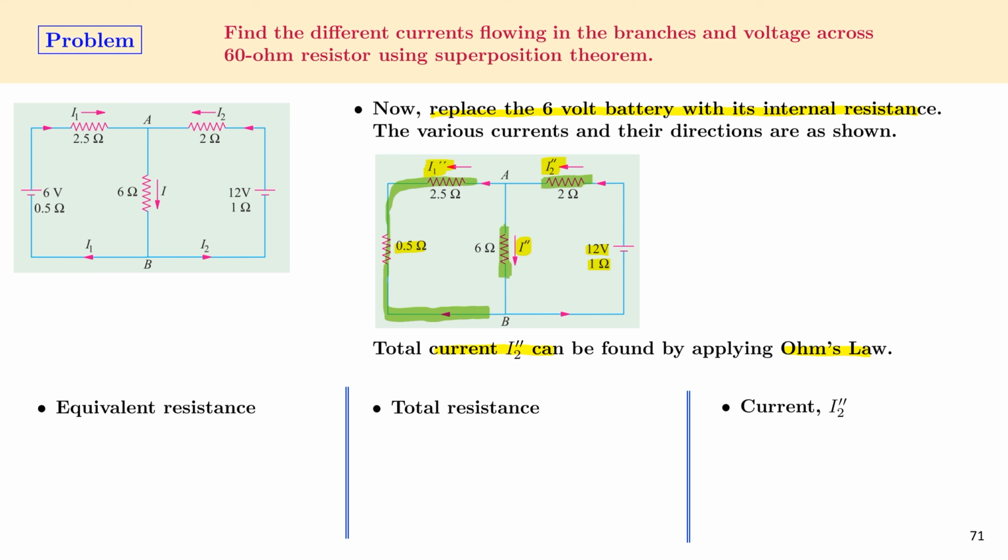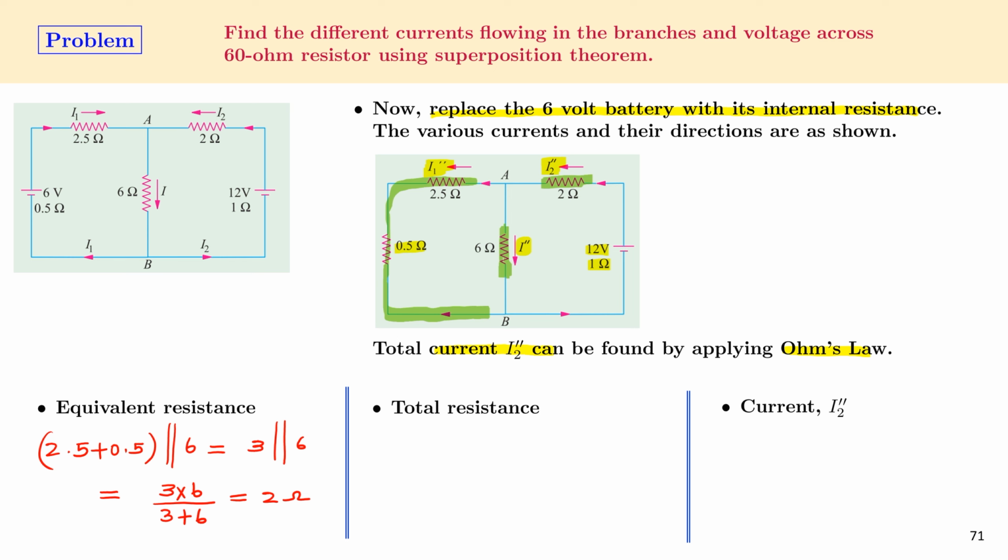We'll first find out the equivalent resistance of the parallel arm. In the parallel branch, we have the 2.5 and 0.5 ohm resistors, which make 3 ohms, in parallel with the 6 ohm resistor, and when we calculate the effective resistance, that will be 3 multiplied by 6 divided by 3 plus 6, and this is equal to 2 ohms.